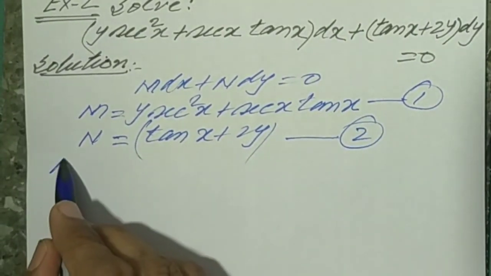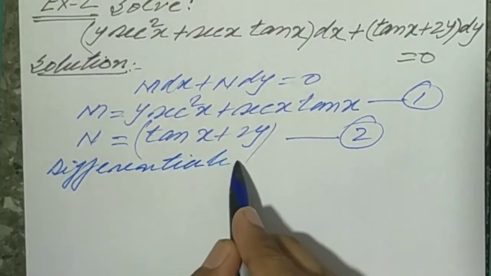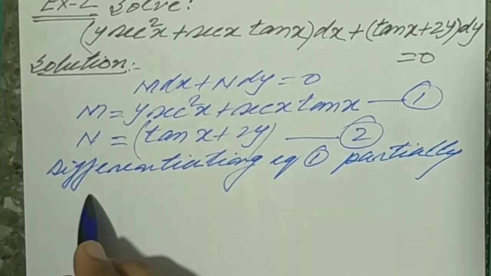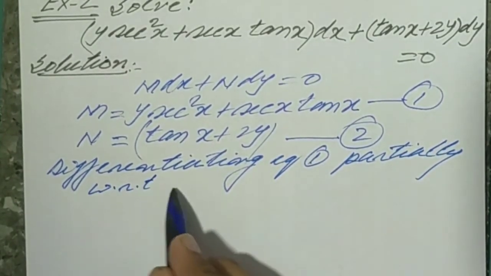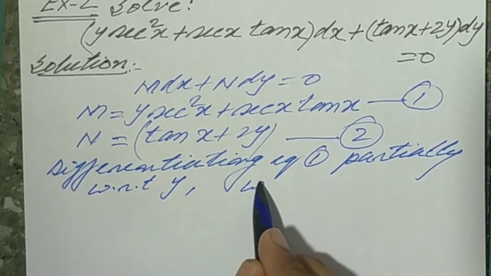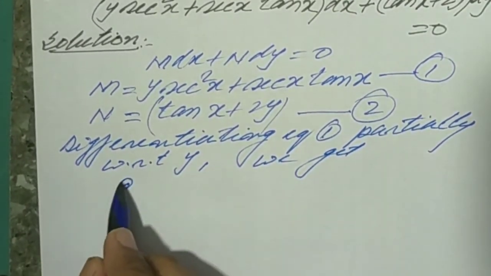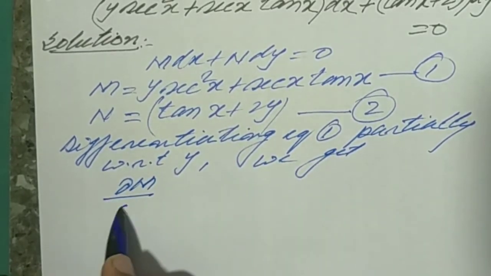Now differentiating equation 1 partially with respect to y, we get del M over del y.